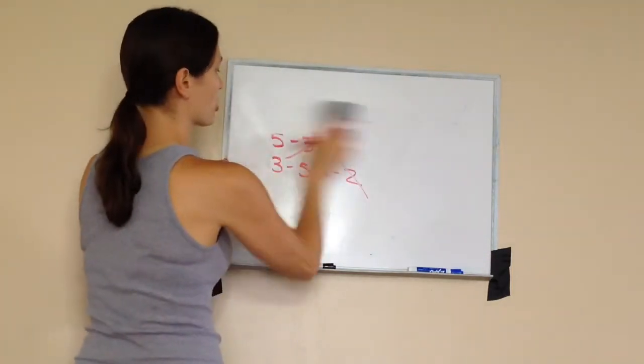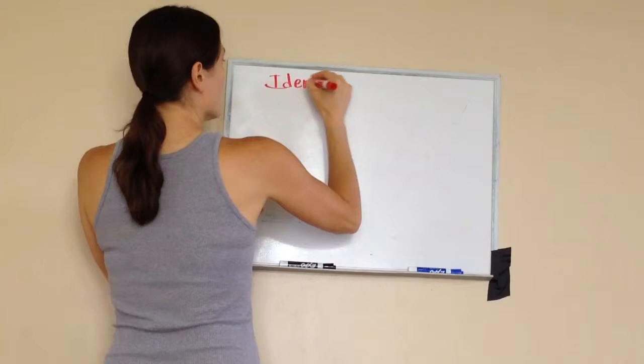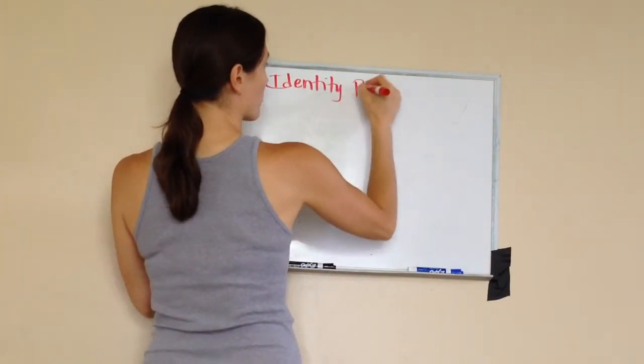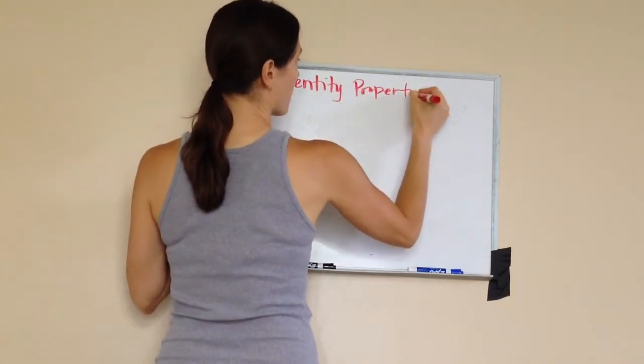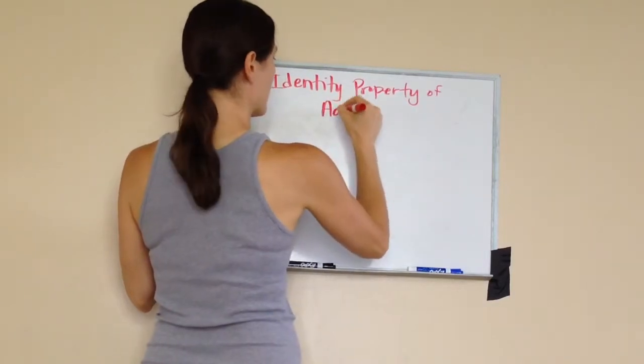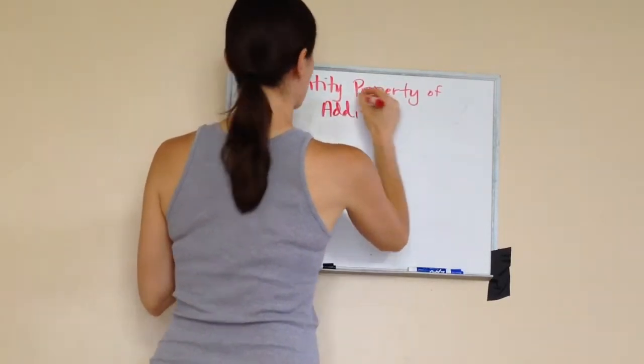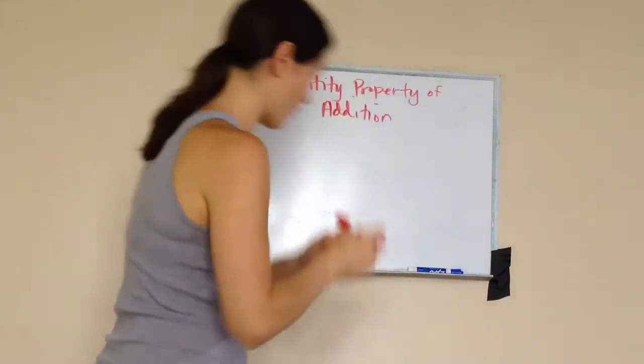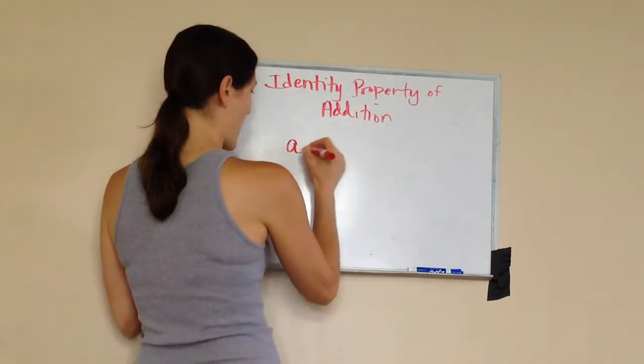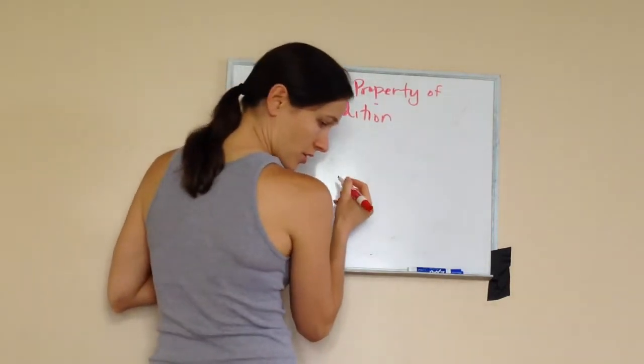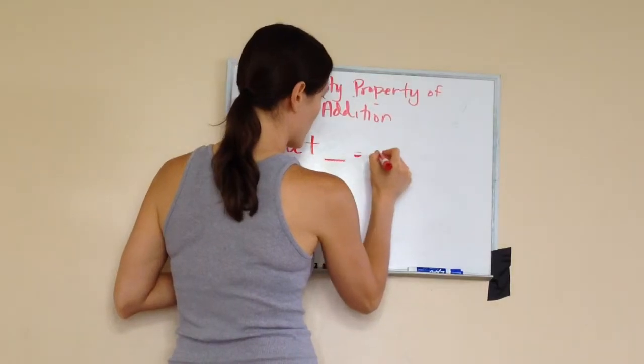Now, the next one we're going to talk about is called the identity property. The identity property of addition, and we're working with addition again. For example, let's use letters. A plus what would cause us to still equal A?